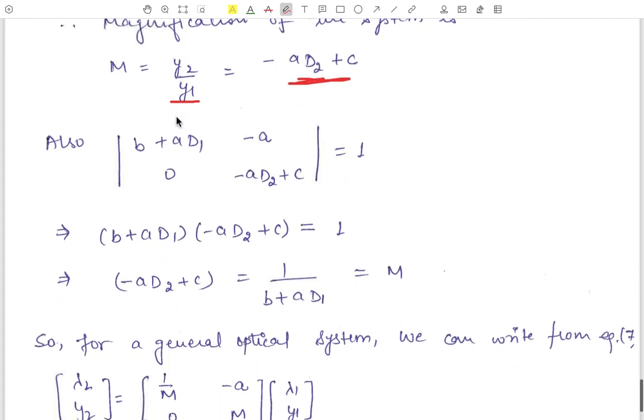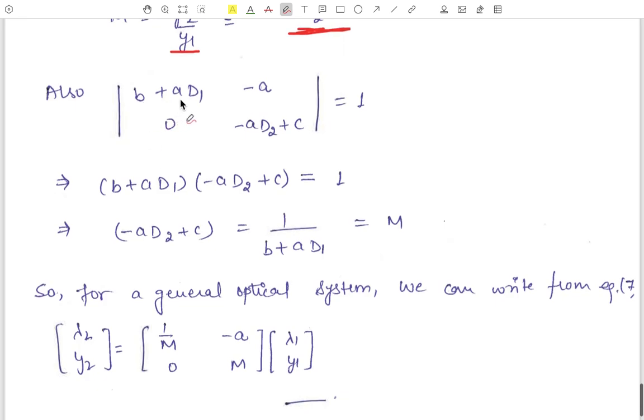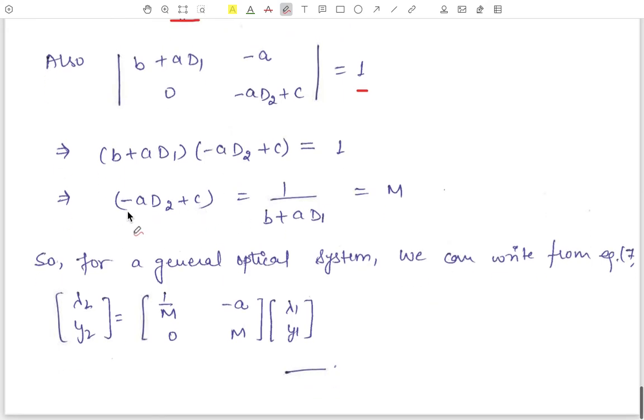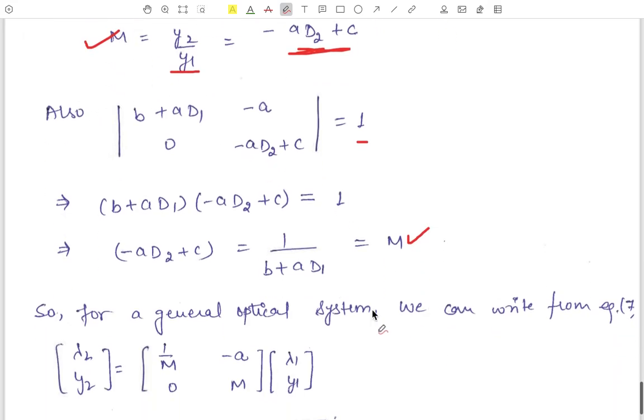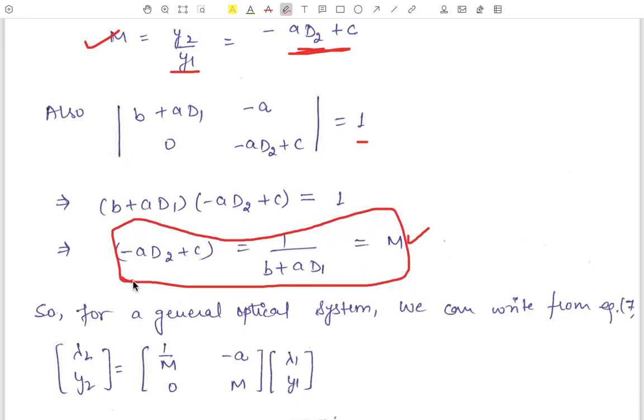So we will find the determinant of this matrix B plus A D1, minus A, 0, minus A D2 plus C. Its determinant is equal to 1. Simply upon simplification we get minus A D2 plus C is equal to 1 upon this B plus A D1, and this minus A D2 plus C is equal to what? M, magnification. Therefore we get the value of magnification for this optical system to be equal to this minus A D2 plus C, or equal to 1 upon B plus A D1.